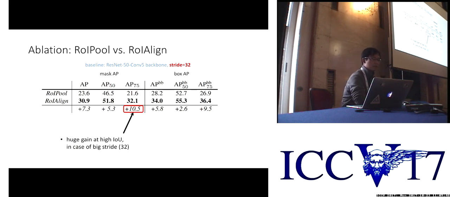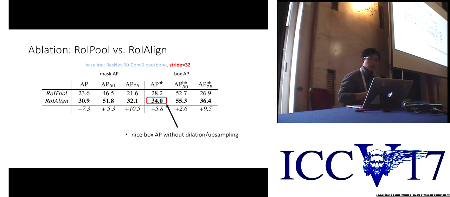If we evaluate the AP at a very high IOU metric, we can see that ROI align can improve the AP by 10 points in absolute, or 50% relative. This entry also has a very good bounding box AP, and it is done on a feature map of stride 32 without any dilation or upsampling. So this demonstrates the importance of the ROI align layer.